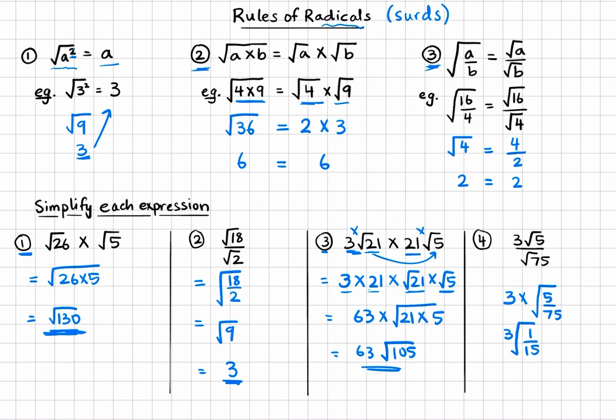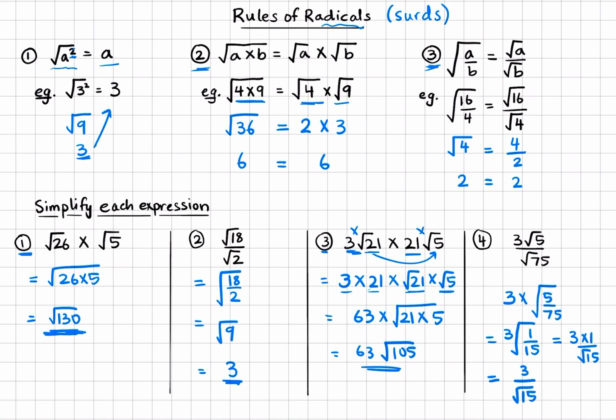It's 1, right? So I actually go from here to 3 multiplied by 1 over square root of 15. And what's 3 multiplied by 1? It's 3. So my final answer is 3 divided by square root of 15.